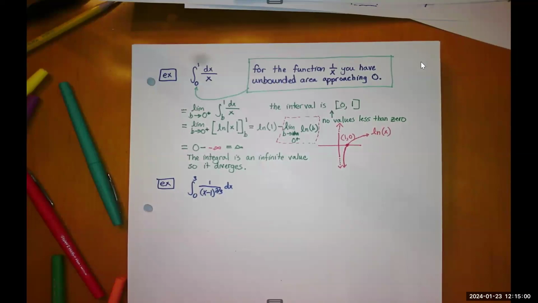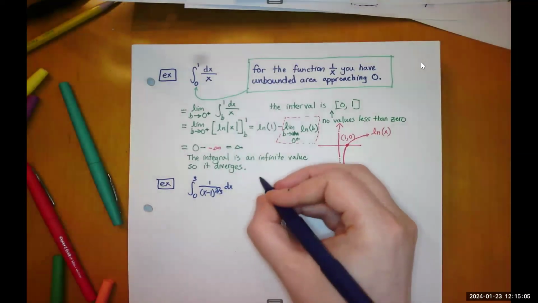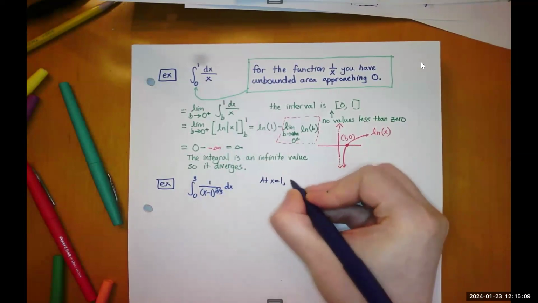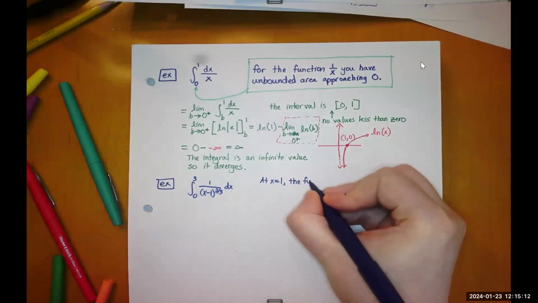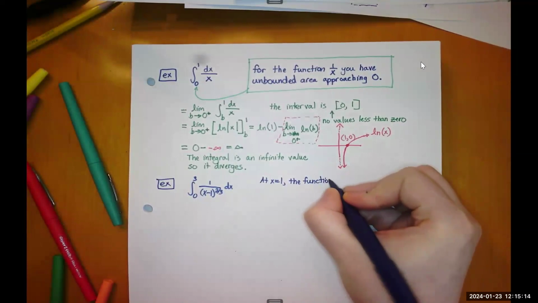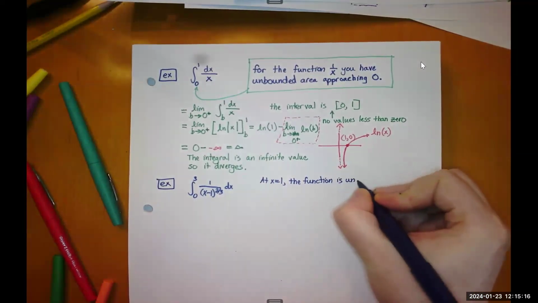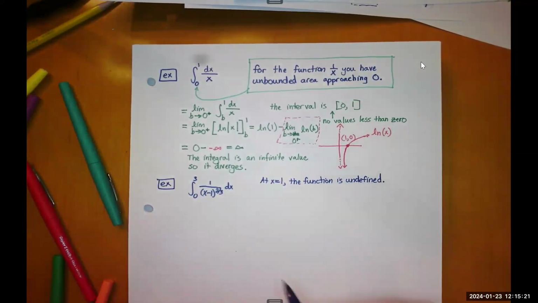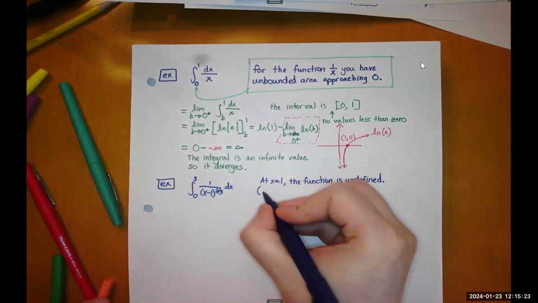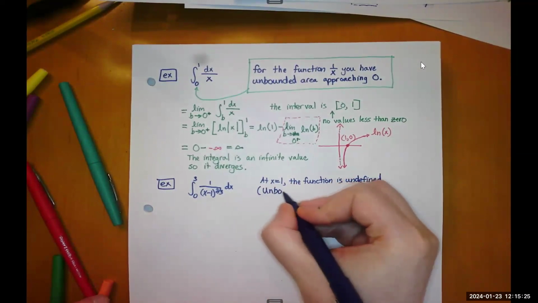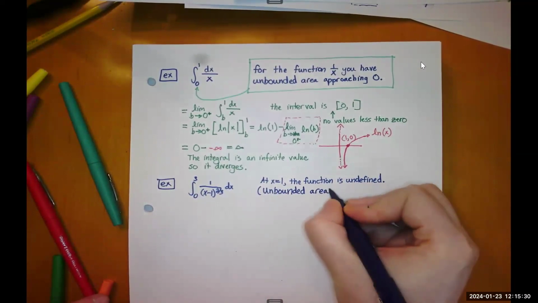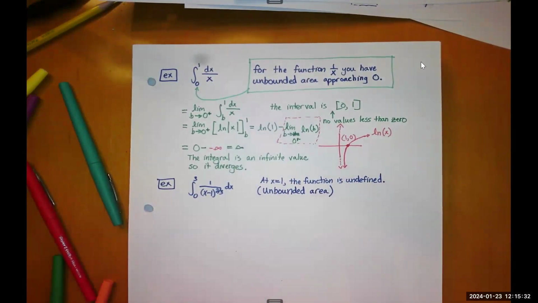So why is this considered an improper integral? This is an improper integral because at x equals 1, the function is undefined. So we, in fact, have unbounded area, and this existence of unbounded area means we have an improper integral.